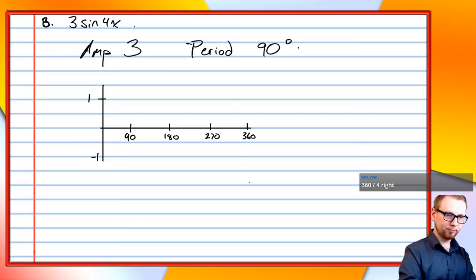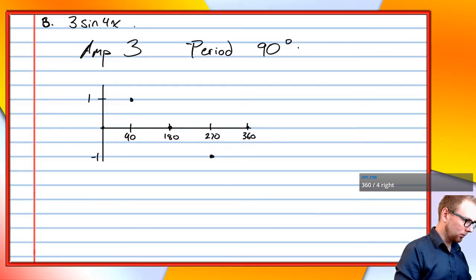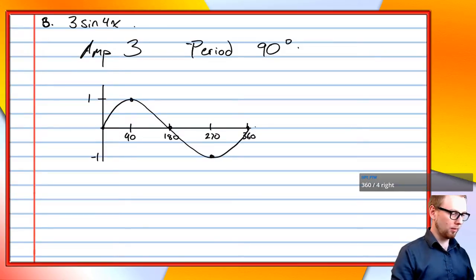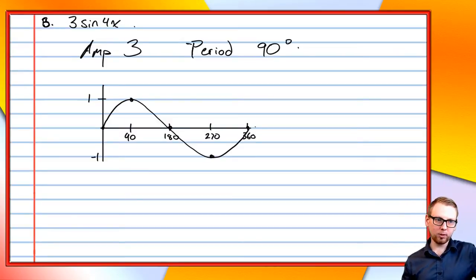Yep, 360 divided by 4. 0, 90, it's 1, 180, it's 0, -1, 0. Okay, basic sine graph, 1 cycle. Then all you have to do is start modifying it, right?